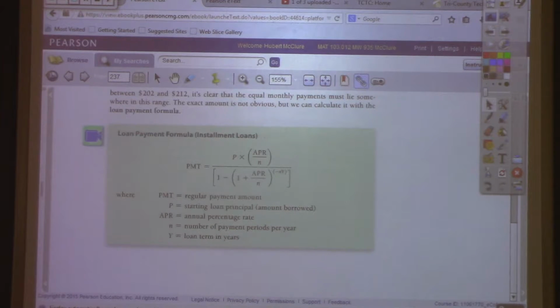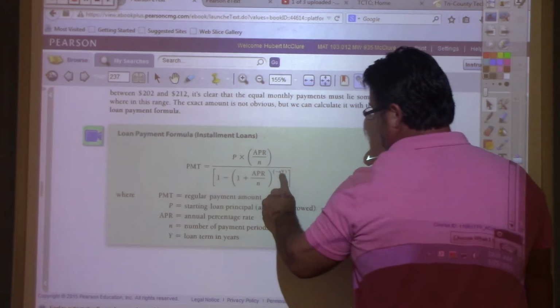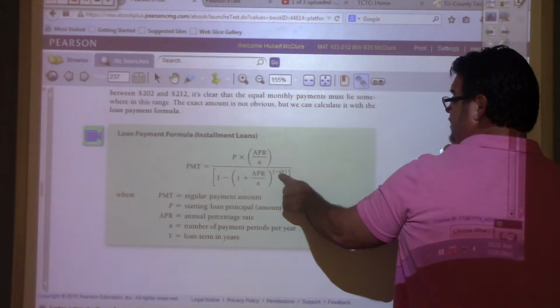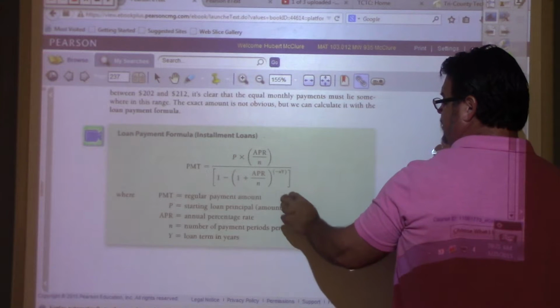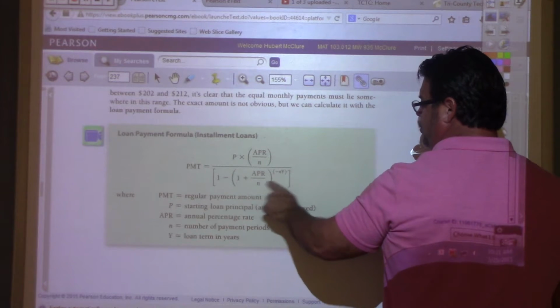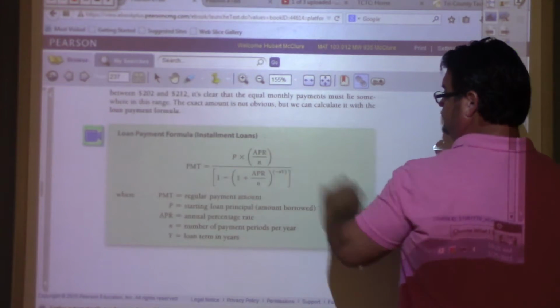Read it. All right, the only thing that I would make different is that I don't like this negative nt power. So what I'm going to do is put all this over 1 and then flip it.